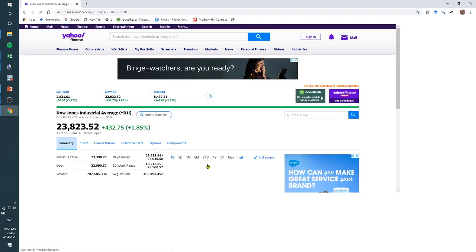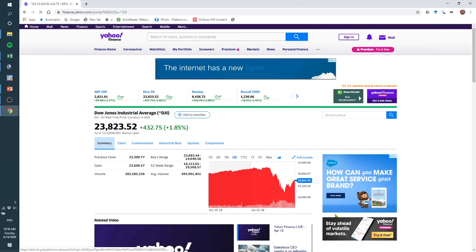So let's just look at the last 6 months. And there we go. Now this is pretty interesting. It's basically the Dow Jones Industrial Average, something that's trended and is correlated with GDP.